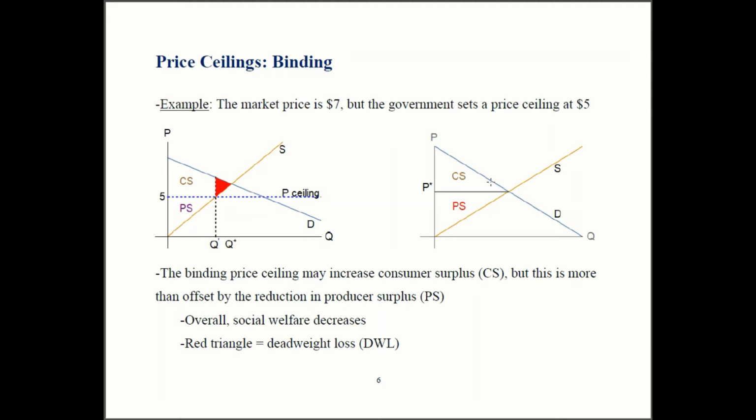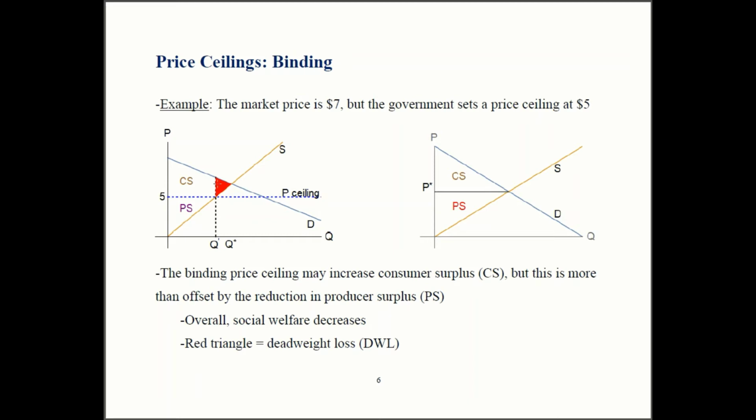That's because when you force the price to go below the market price, then producers cut back on supply. They only produce Q prime instead of Q star. Therefore, these mutually beneficial trades that would help out both sides end up not taking place.